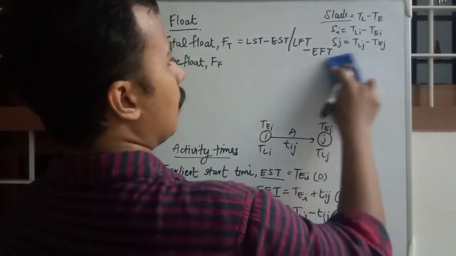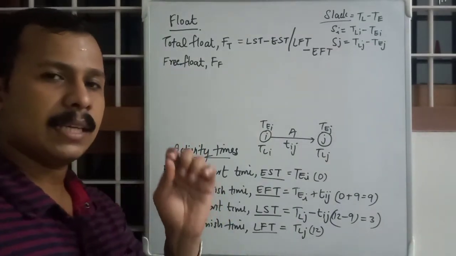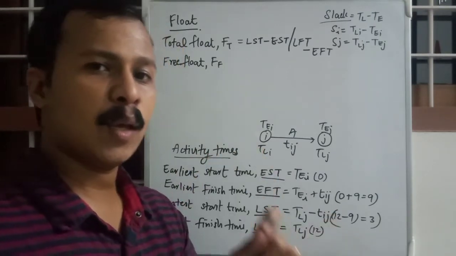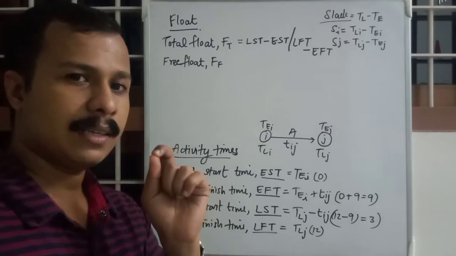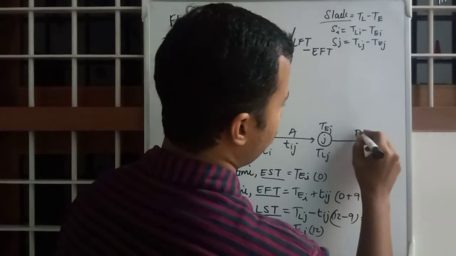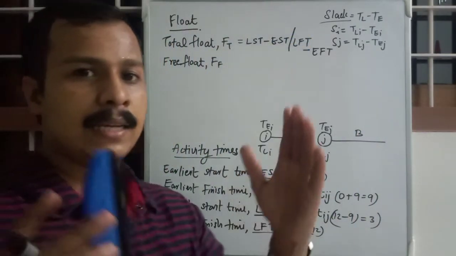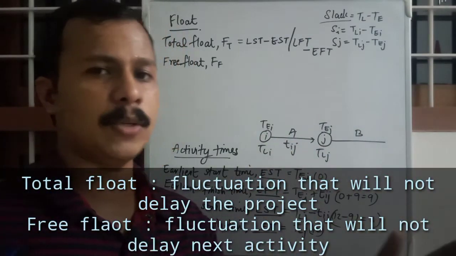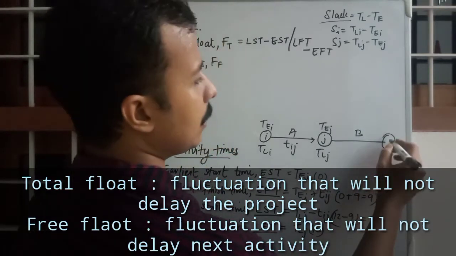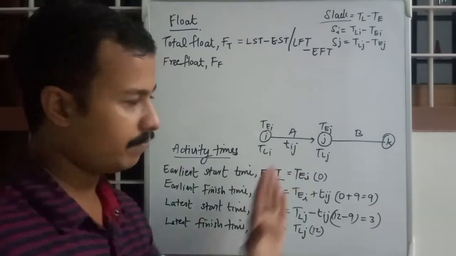Okay, free float or FF is the duration by which an activity can be delayed without delaying the next activity B. Okay, so total float was about not delaying the total project duration, but free float is about not delaying the next activity, just the next activity.